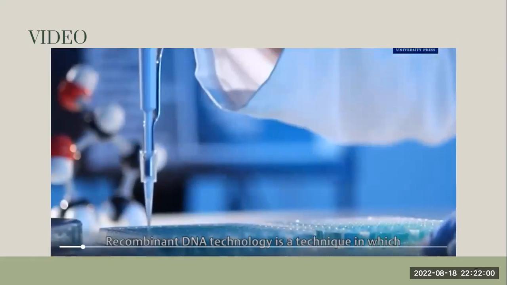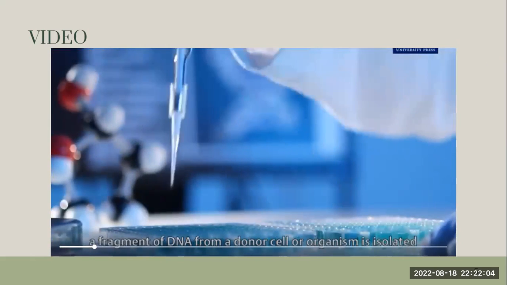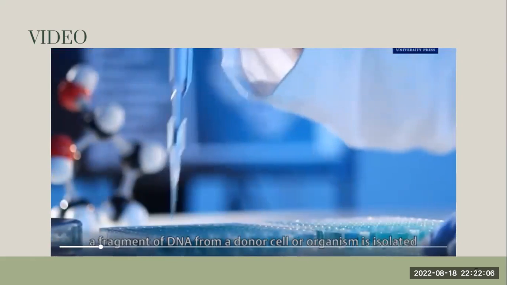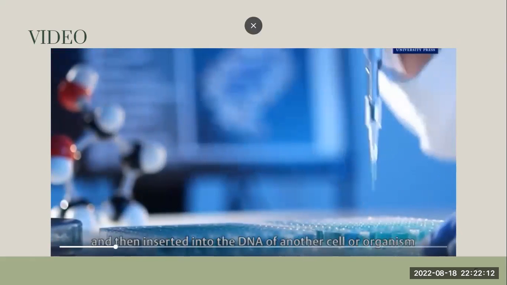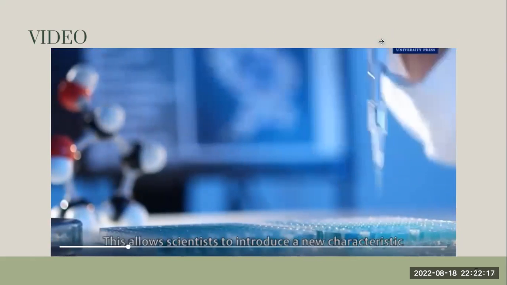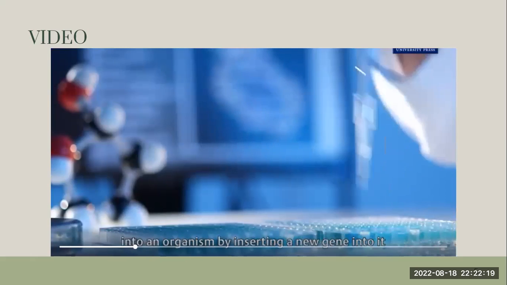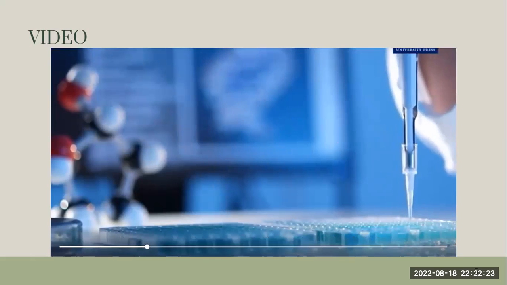Recombinant DNA technology is a technique in which a fragment of DNA from a donor cell or organism is isolated and then inserted into the DNA of another cell or organism. This allows scientists to introduce a new characteristic into an organism by inserting a new gene into it.